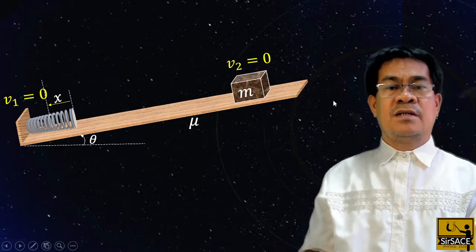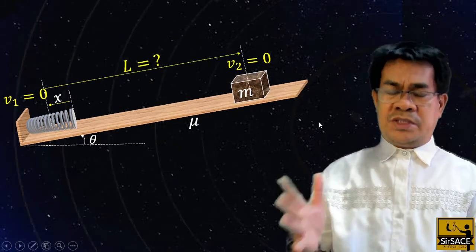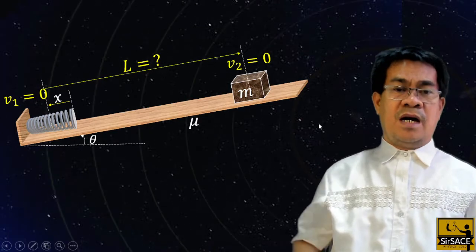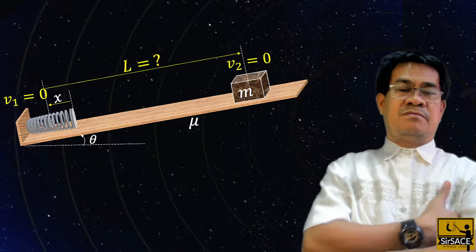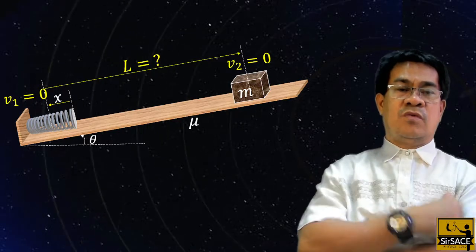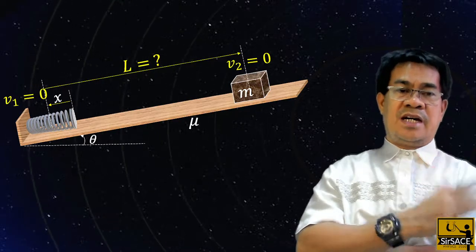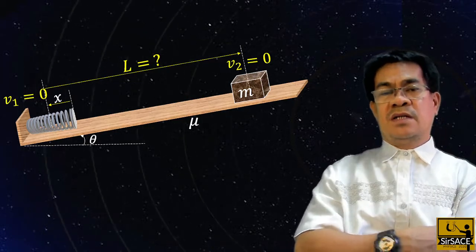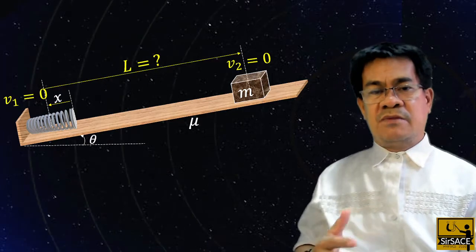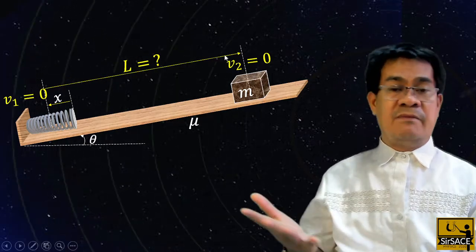Okay? So, the question now is, how much is the stopping distance of this configuration? Now, we will answer this theoretically, of course, because we will apply the conservation of energy. So, our objective is to find the stopping distance given the following.